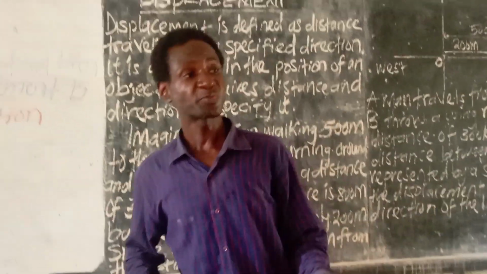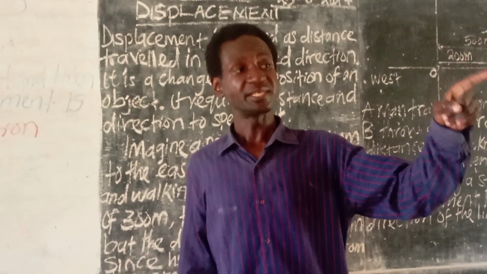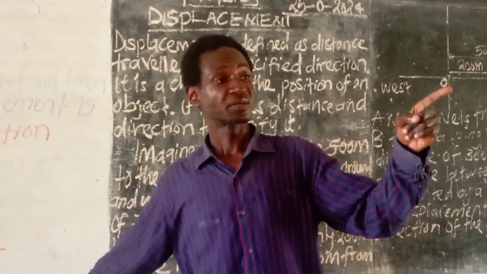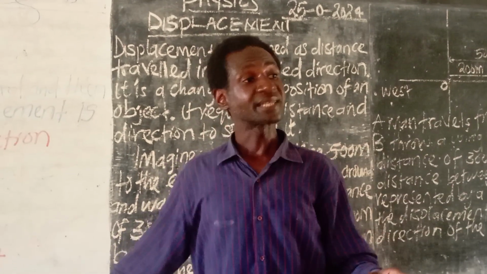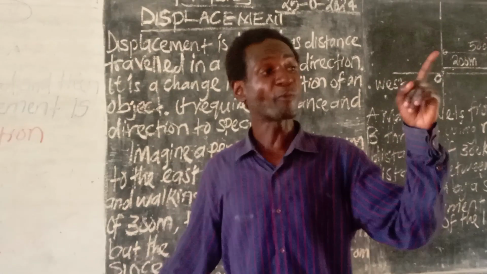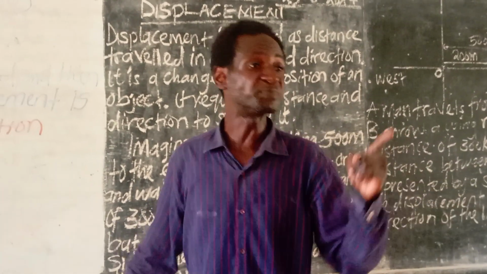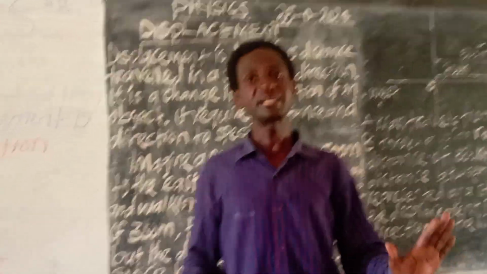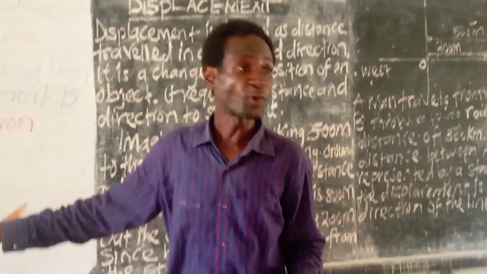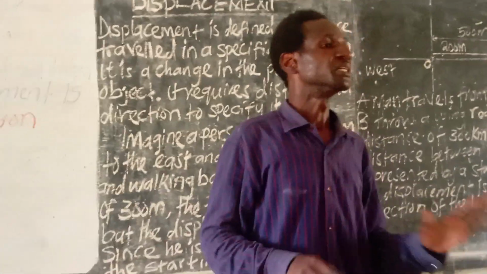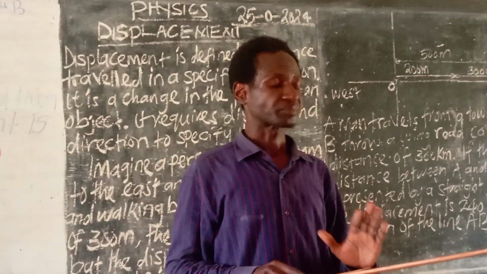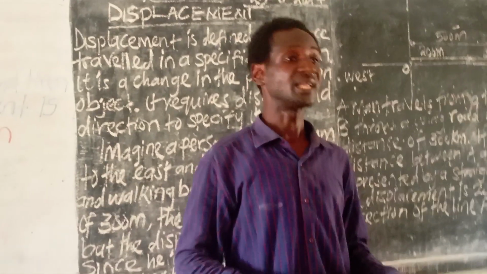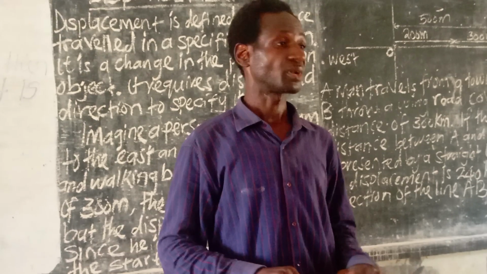When measured from where he stopped walking to the starting position, it is discovered that the displacement is 50 meters in the northeast direction. So that is what our lesson of today is all about.